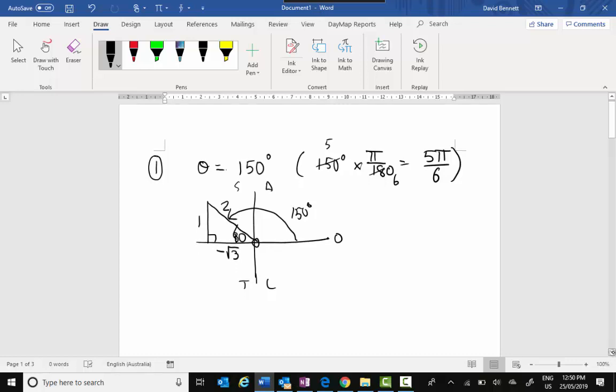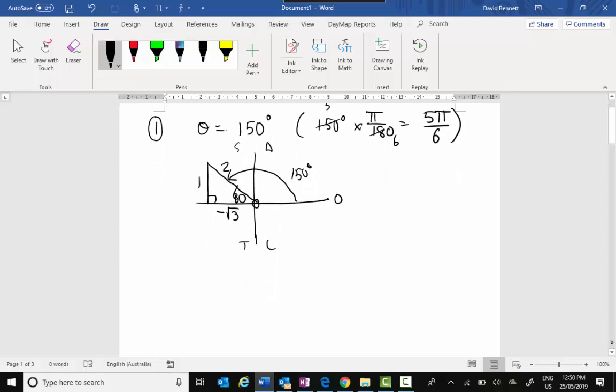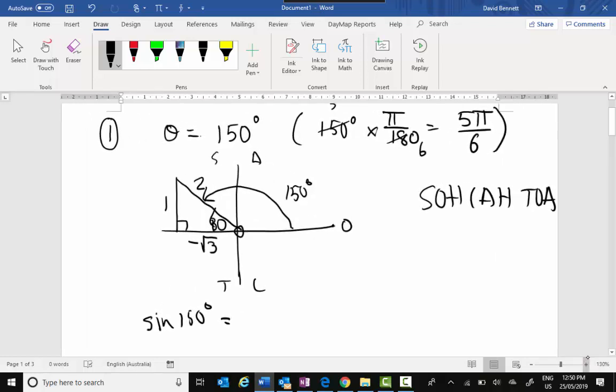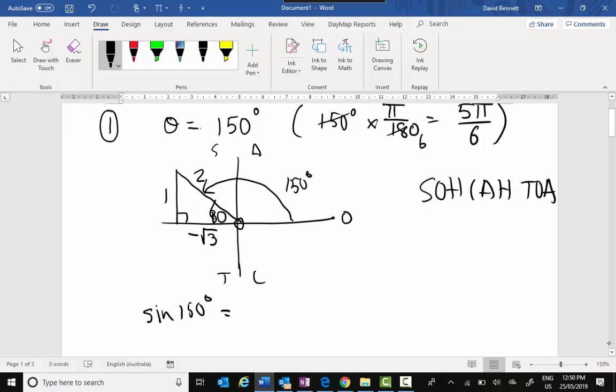Now, if I want you to write down what sine, cosine and tan are, we could say sine of 150 degrees is equal to the opposite side. We're using SOH CAH TOA. So I could say sine of 150 degrees is equal to the opposite side over the hypotenuse. So that will be 1 over 2.